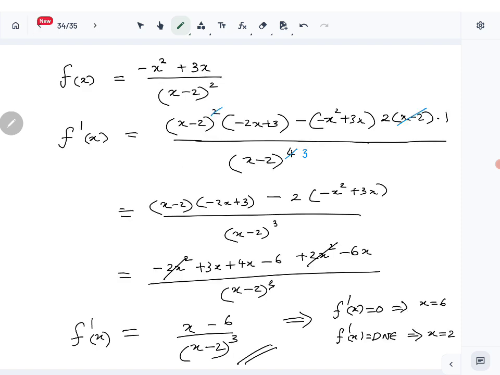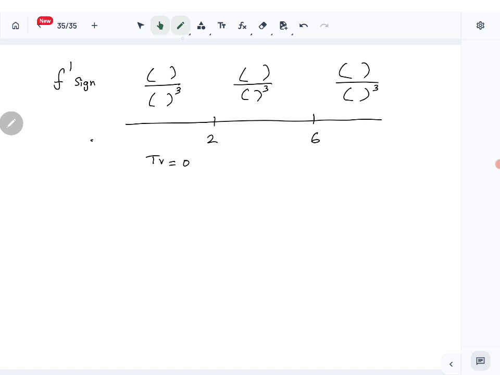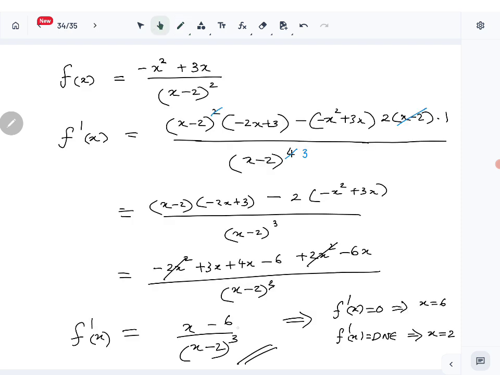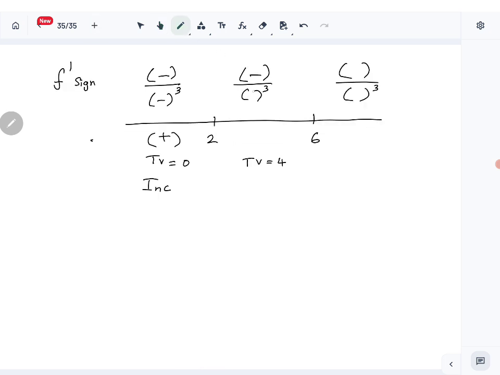What happens if I substitute 0? The numerator becomes negative, the denominator is a negative cube, which is negative. So negative divided by a negative is positive. So in this interval, increasing. Then check 2 to 6. Easy test value 4. What happens if I substitute 4? 4 minus 6 is negative. The positive cube is positive. Negative over positive is negative. So in this interval, decreasing.